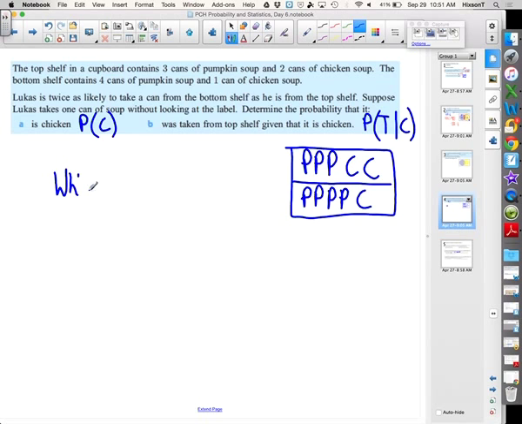So first of all, why is it not writing? Try this again. Just write like this.